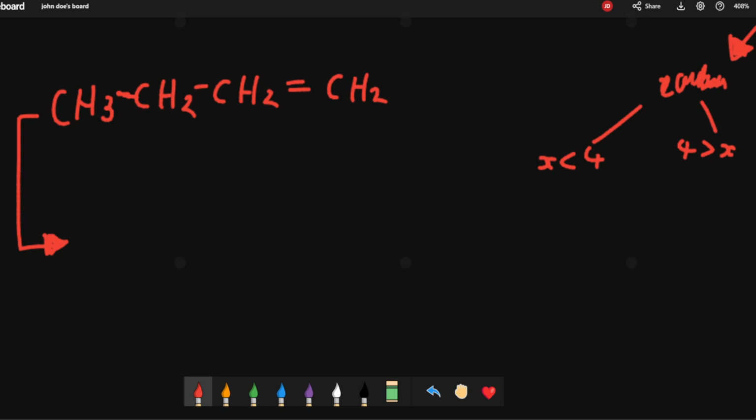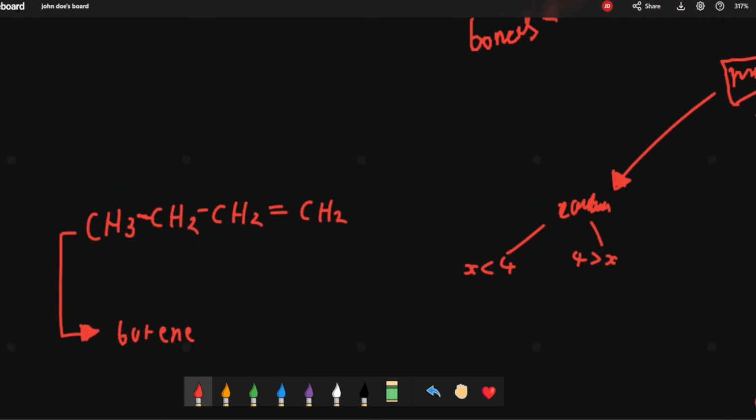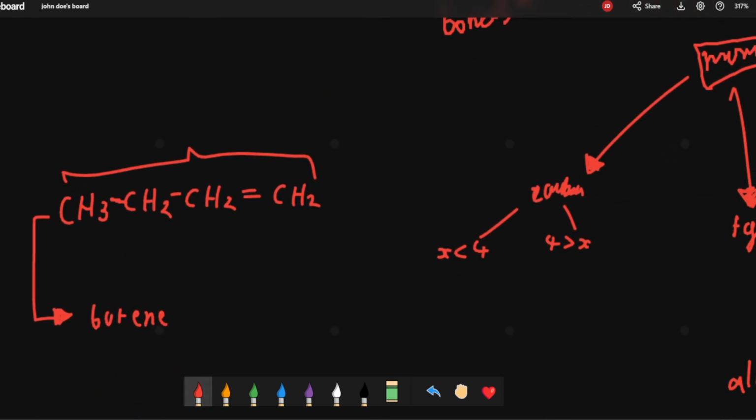We have four carbons, that's a but. The hydrogens don't matter. We have an alkene, and that's an ene. Simple. It's butene.